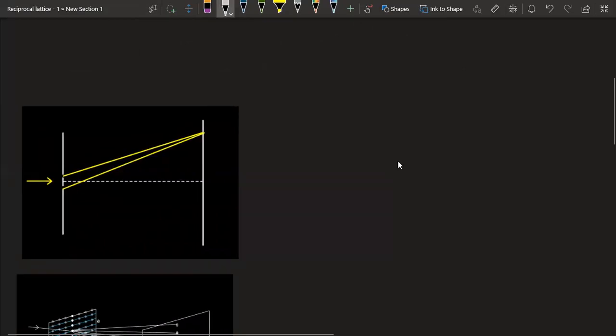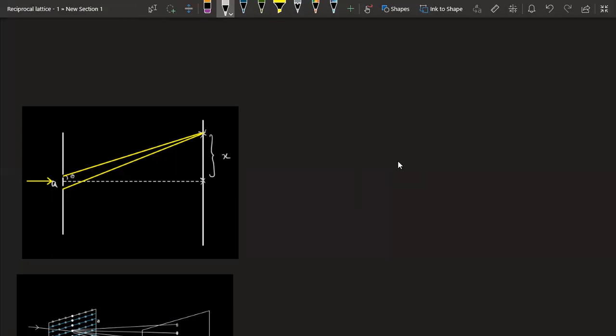This shows the exact setup. We have a screen with two small slits. You shine a light there, and you get these bright spots. This is the central bright spot, and this is the first one. We call this distance x, and the slit separation is a, say in nanometers.